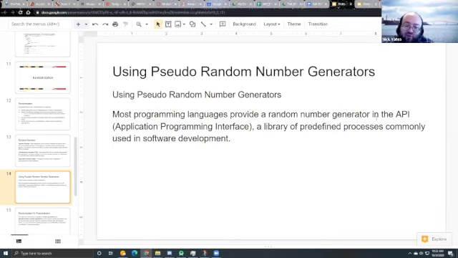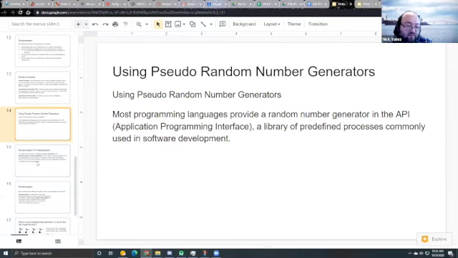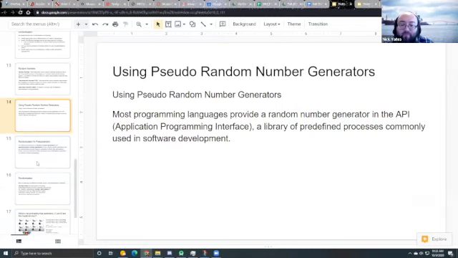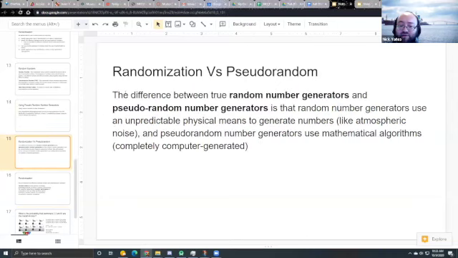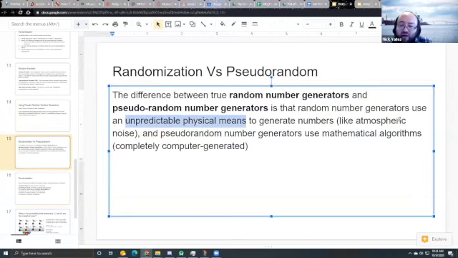The math library includes things like the constant for pi or the sine function, but also includes a pseudo-random number generator, although they just use the word random. Again, the difference is that random is truly unpredictable and uses some sort of physical means, like atmospheric noise or actually rolling a die. Pseudo-random uses mathematical algorithms completely generated on the computer.